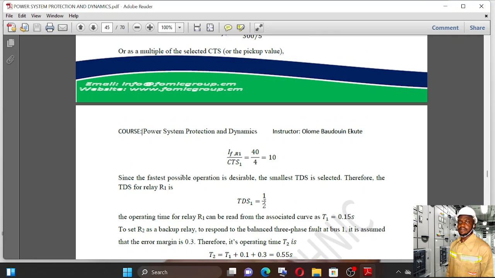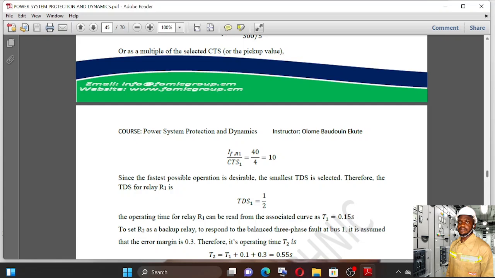For that time delay setting of a half, we have extrapolated. Here we have about 0.15 seconds. My knowledge should be 0.15 based on how we have extrapolated. Might be 0.12, yeah, 0.15. So that's the time of operation of circuit breaker 1.